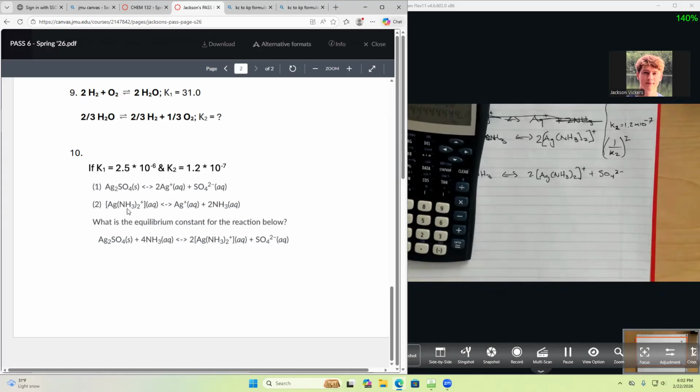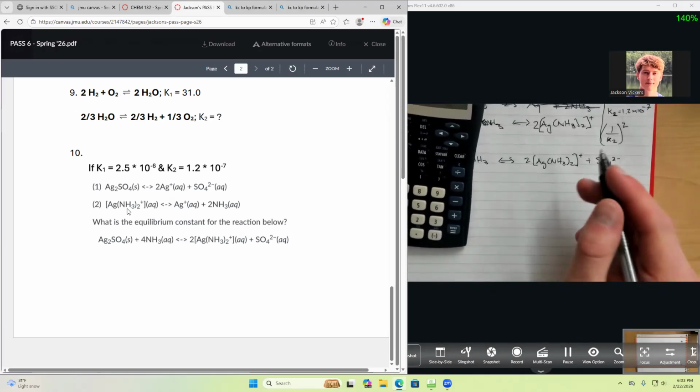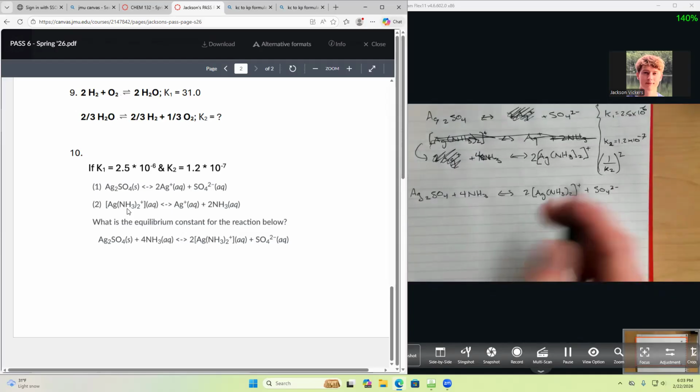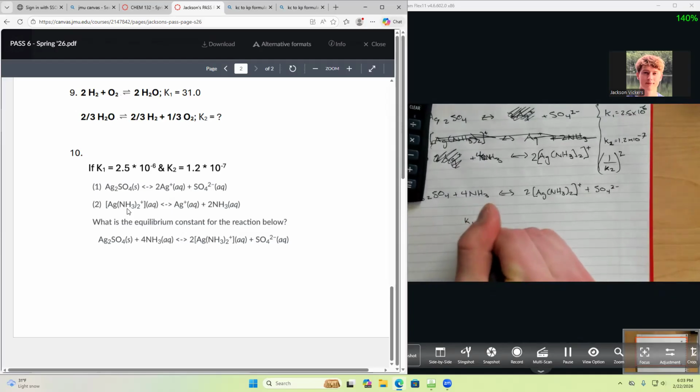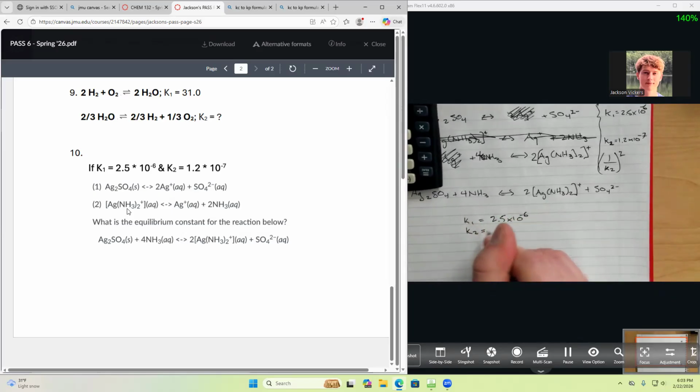And that's going to become a really big positive number, because if we have a teeny number in the denominator, it all of a sudden becomes big. So now we have new K1. K1 is still the same, sorry, 2.5 times 10 to the minus 6. The new K2 is 6.94 times 10 to the 13, though.